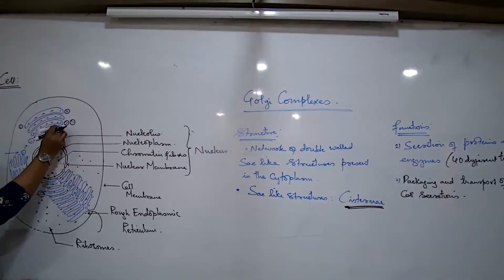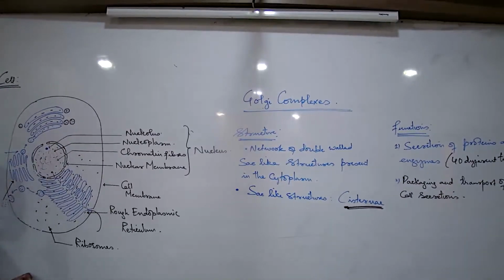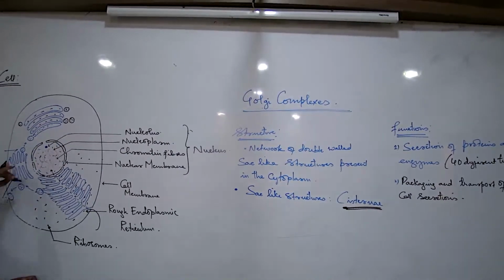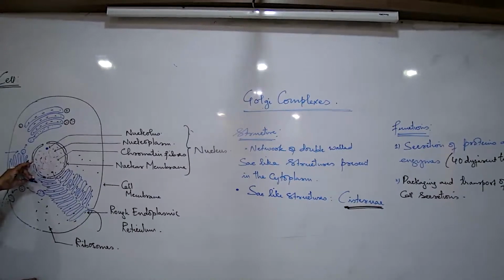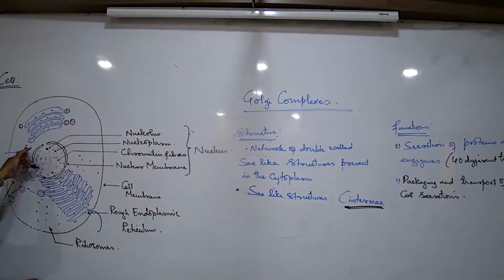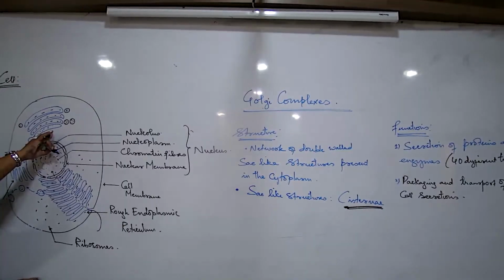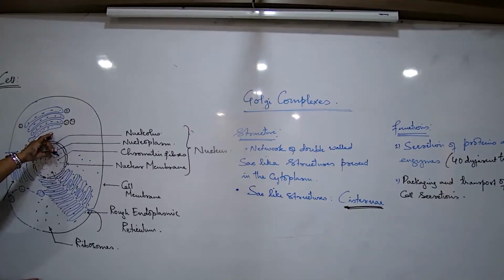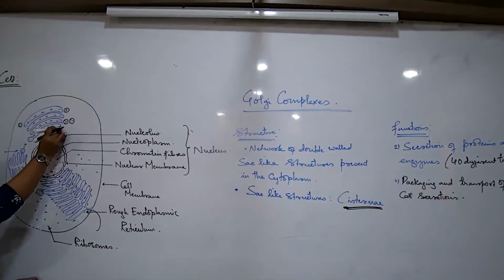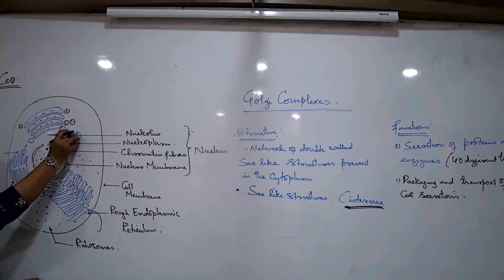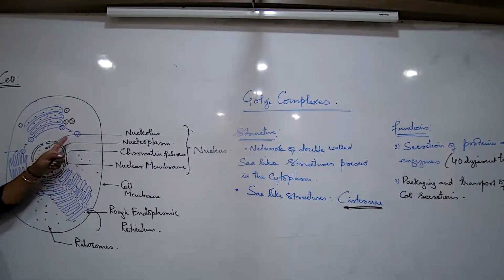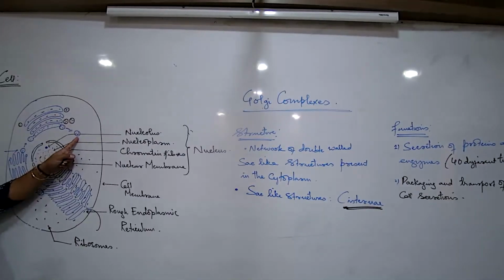After the processing and modification of the enzyme or the protein, whatever the endoplasmic reticulum has produced, the molecule will go through the Golgi, and what is happening here? Modification is happening, processing is happening. This will again give rise to one more bubble-like structure, and now this bubble-like structure containing the lipids is capable of showing its function.